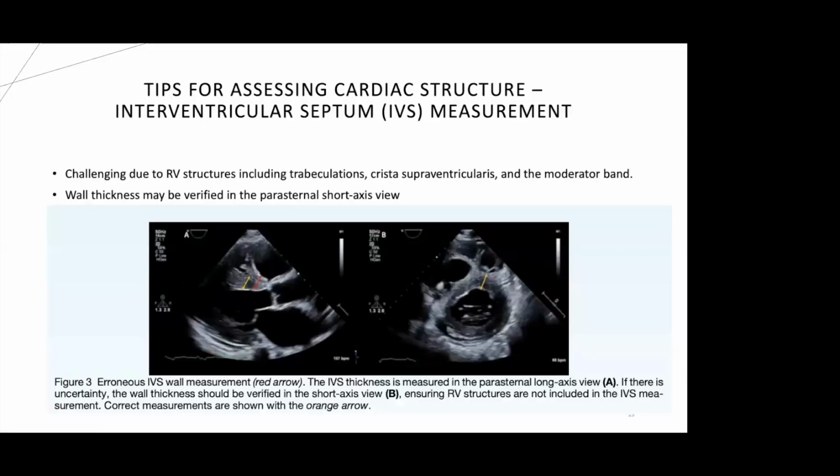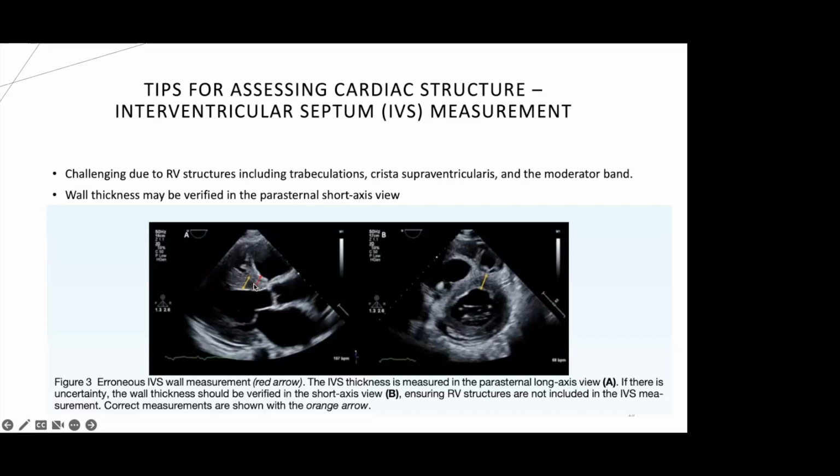So we'll start off with the measurements. First off, the interventricular septal measurement. And this can sometimes be challenging because the RV can also be quite thickened and can impact our proper measurement of the LV wall thickness. So in red, the arrow here is kind of the wrong way to measure the IVS because you're taking into account your RV wall and your LV here.